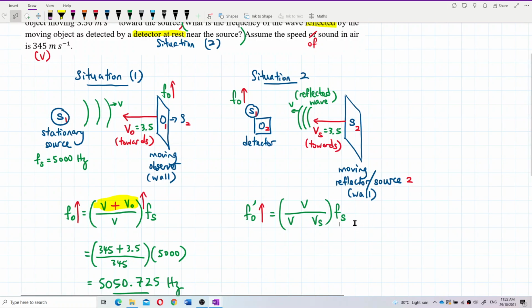For the frequency of the source, we use the reflected frequency.